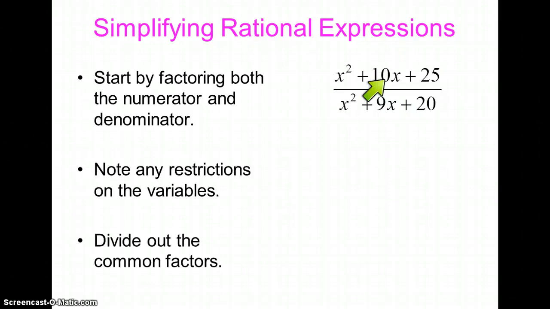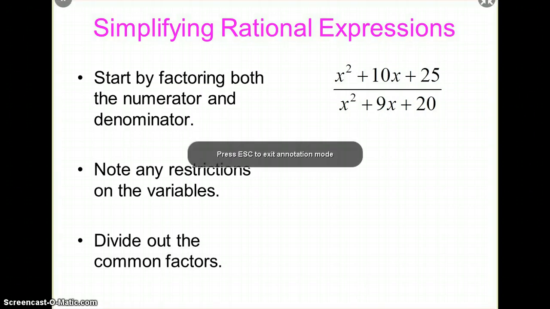And in my example, if I leave them in this format, none of these things are factors. They're terms. When you add and subtract them, they make terms. So x squared is a term, 10x a term, and 25 is a term. I need to factor the numerator and the denominator if possible so that I can actually get those factors and cancel. So let's do that.